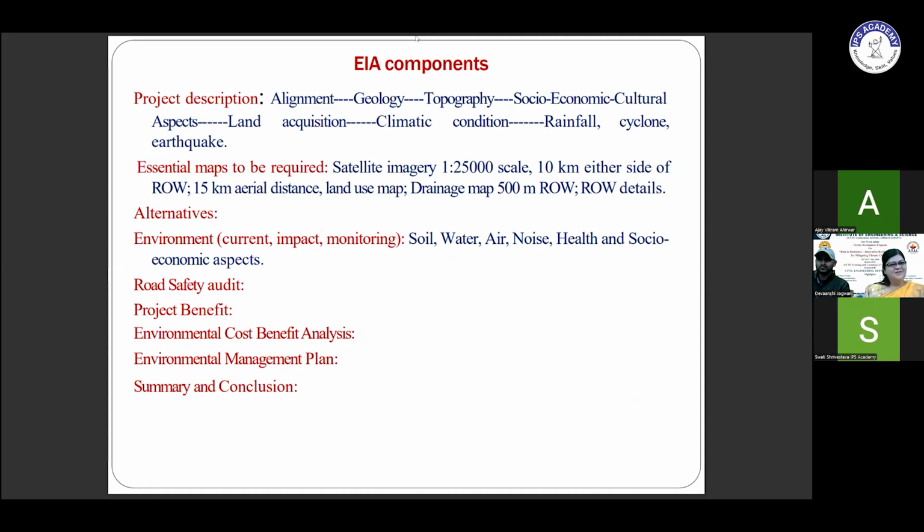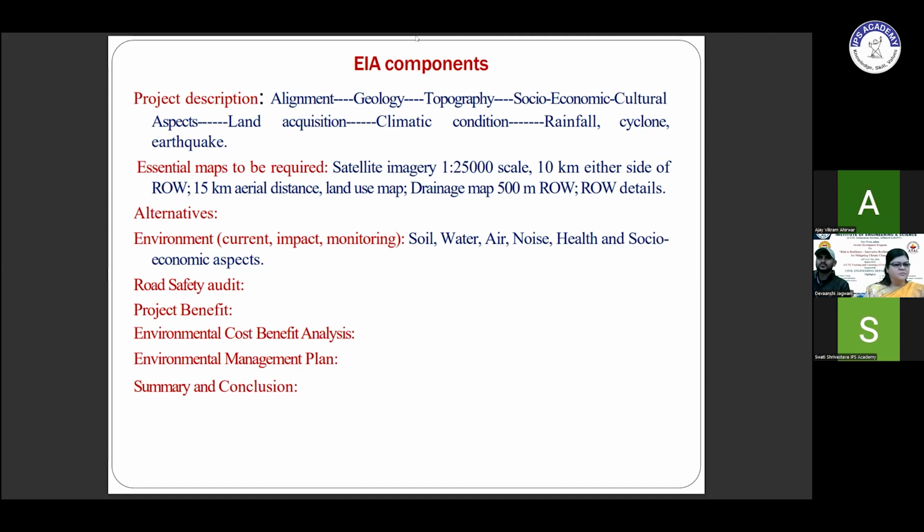In case of a highway, the alignment should be there, geological details, topography, then socio-economic and cultural aspects, land acquisition, then climatic conditions like rainfall, cyclone, earthquake, etc. Then essential maps are required: satellite imagery, 10 kilometers either side of the right of way, 15 kilometers aerial distance, land use map, drainage map, 500 meter right of way.